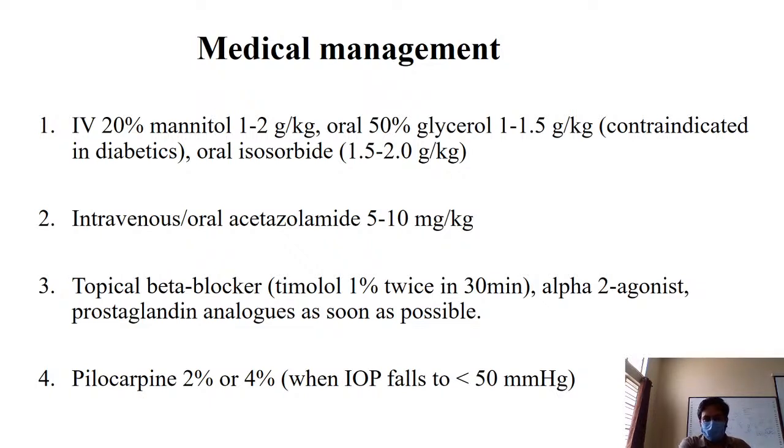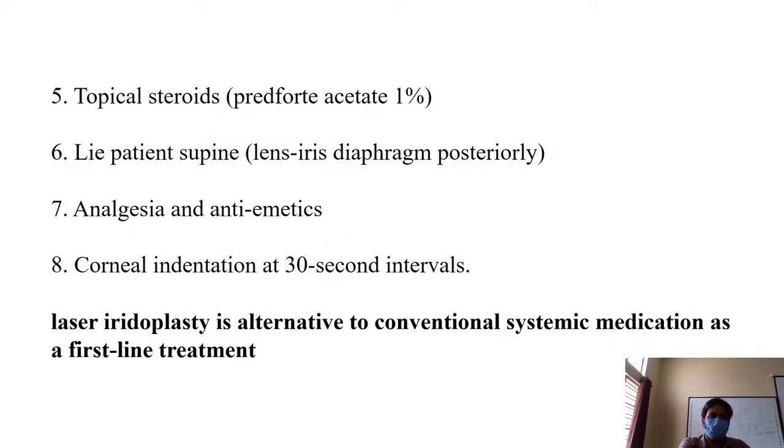You have to put topical beta blockers or alpha 2 agonist, and next you have to put is pilocarpine, either 2% or 4%. Along with this treatment, you have to put patient on topical steroid because there is some amount of inflammation or iritis. Patient should lie down in the supine position, and this pushes the lens iris diaphragm posteriorly.